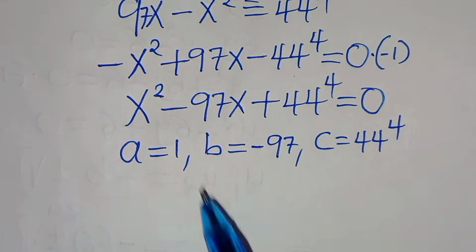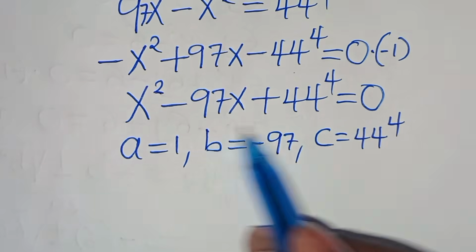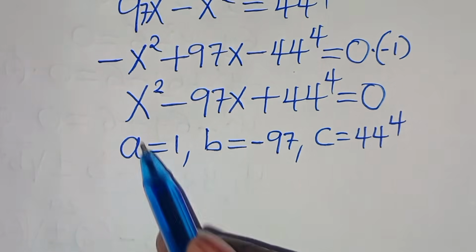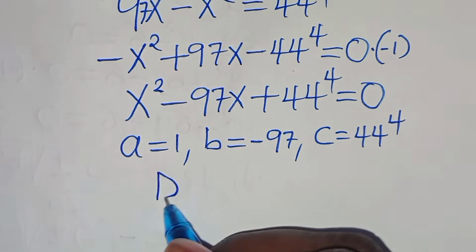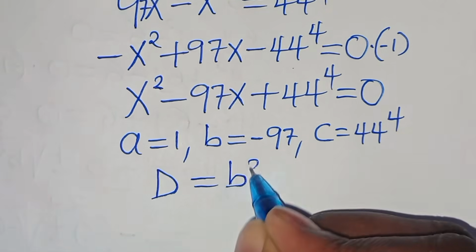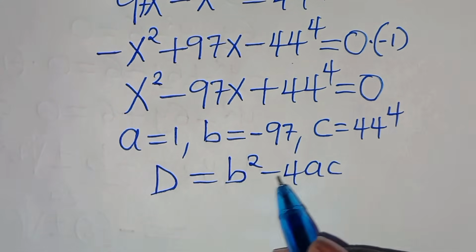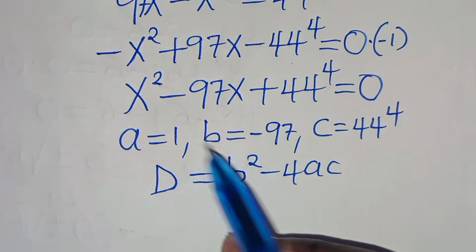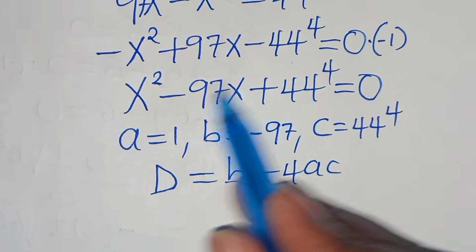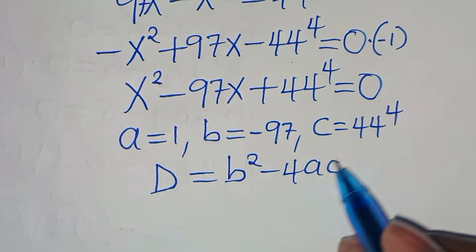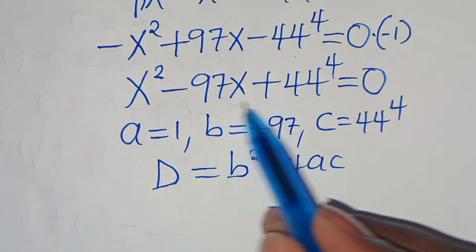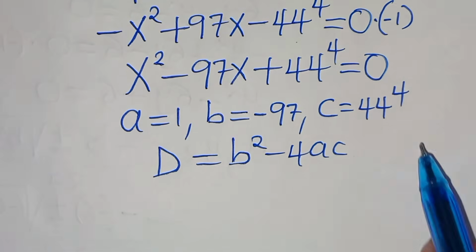Now the next step is to assess the nature of the roots of this quadratic equation. That is by determining the discriminant value, which is equal to b squared minus 4ac. If the discriminant value is less than 0, this means that we have complex roots. And if the discriminant is greater than 0, that means we have real roots. Now let's substitute.